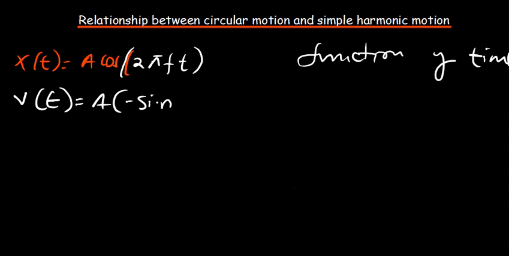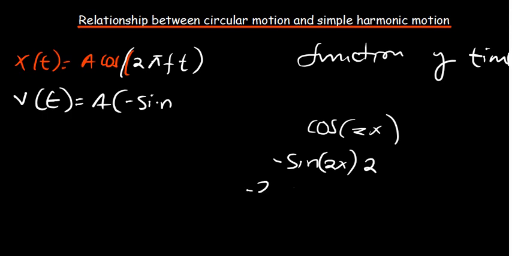If I have cos 2x and I want to differentiate it, it is negative sign, I keep what is inside constant, times the derivative of what is inside, which is 2. Therefore it's going to be negative 2 sine 2x. That is the derivative.